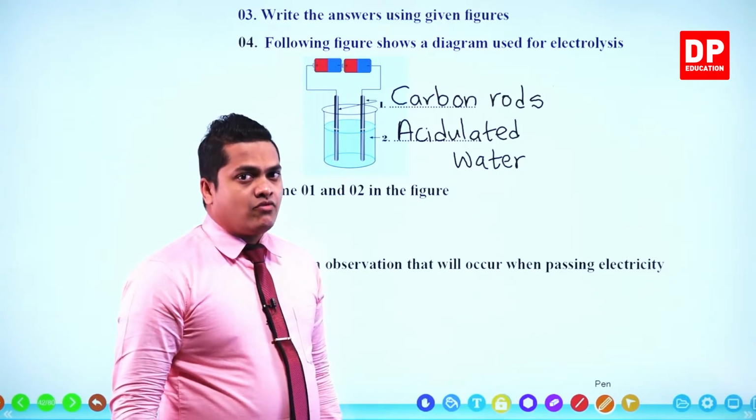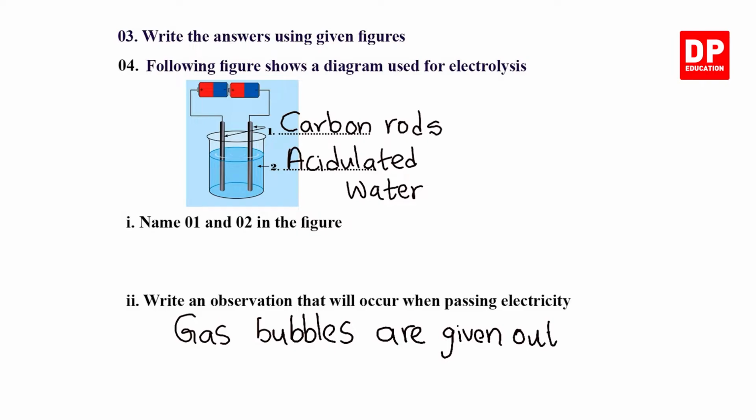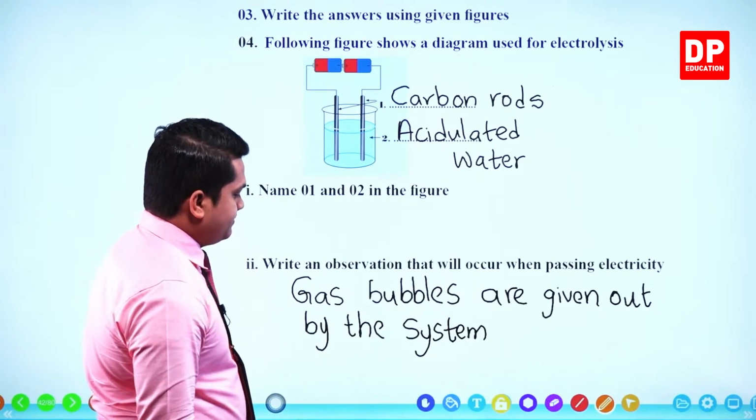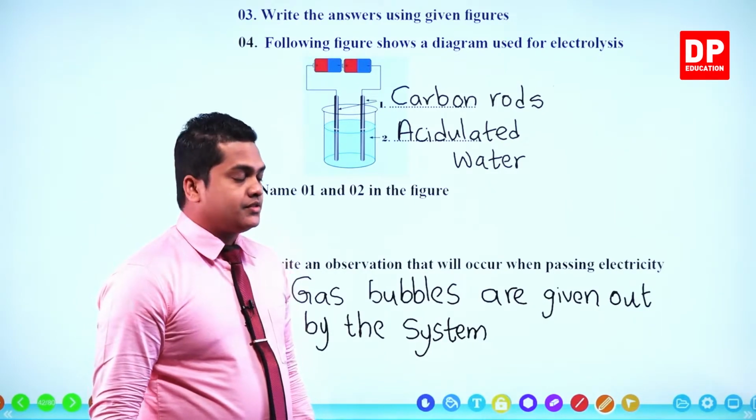So gas bubbles are evolved. Gas bubbles are given out by the system. So this is the observation that we can take from the experiment, right?